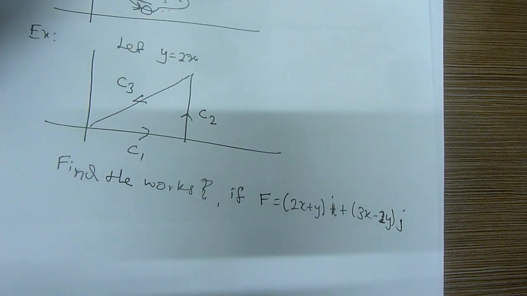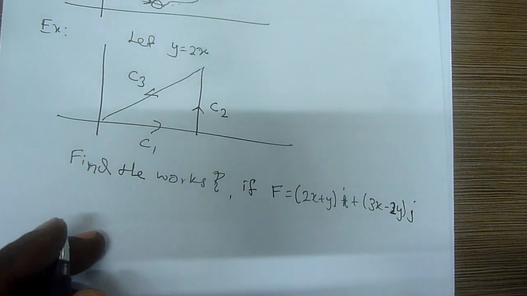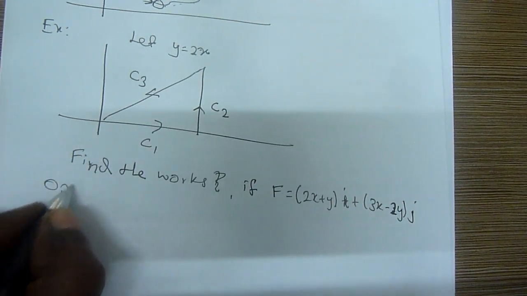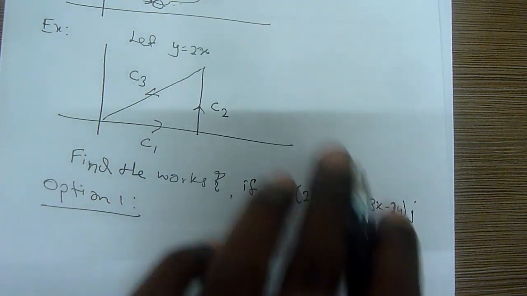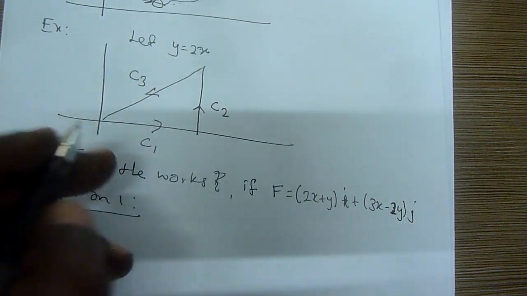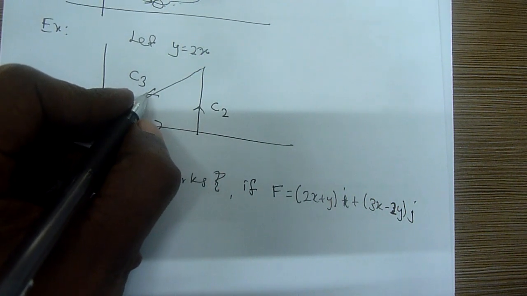The first question is to verify whether it's conservative or not. There are two options to handle this problem. Let me write option 1. We know this is a closed loop, and we call the pieces C1, C2, and so on.